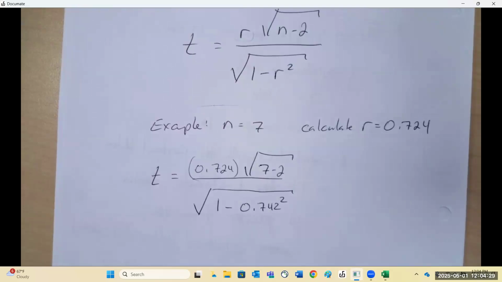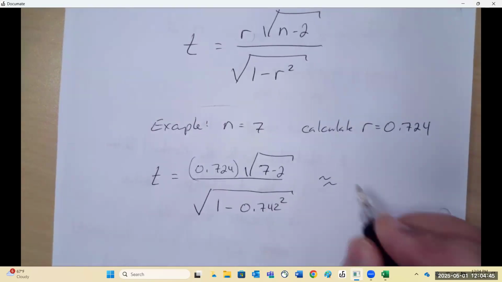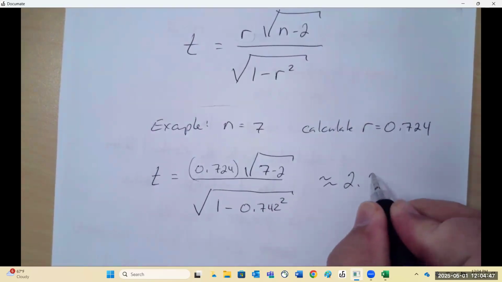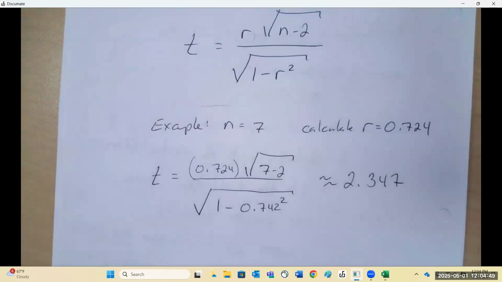And I do apologize that I didn't play with StatDisk before I brought the stuff here. Because think of it, with StatDisk, you enter your data, hit enter, and it's done. So now if we plugged in all this stuff, we get 2.347. So that's your t value. And we use it to compare what we need to.